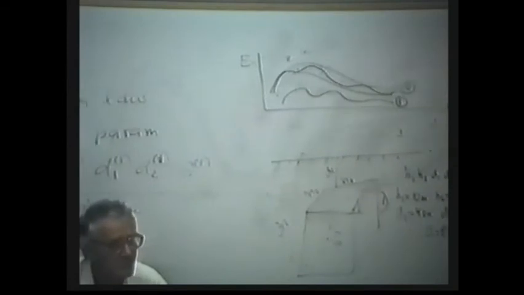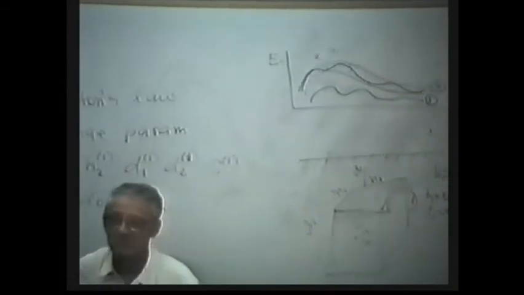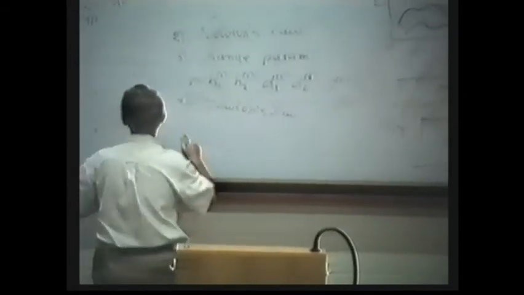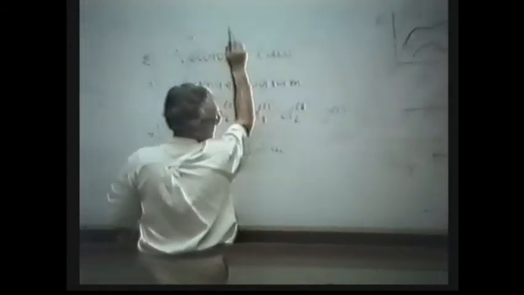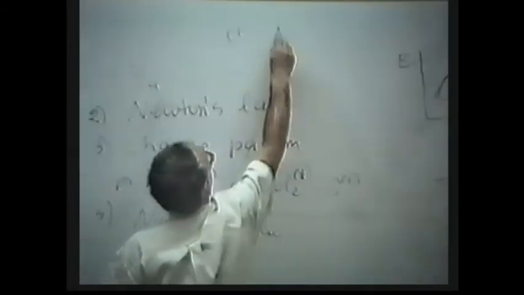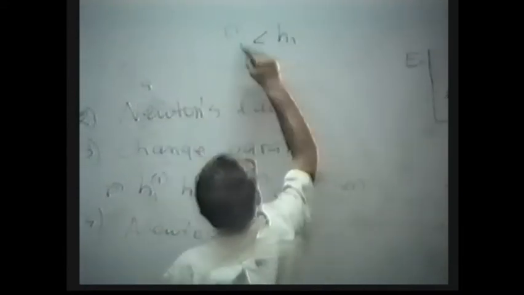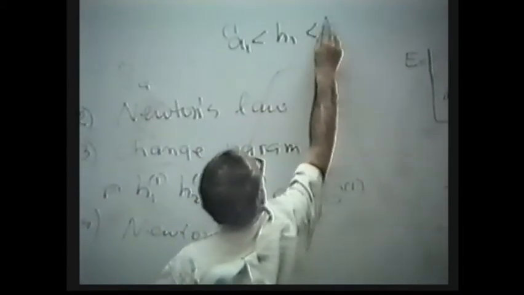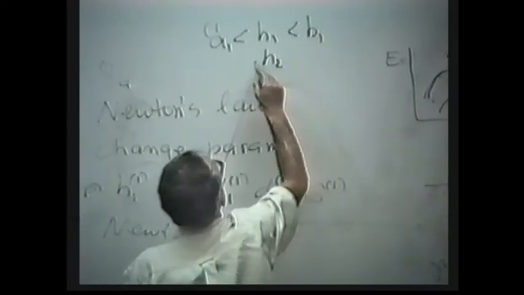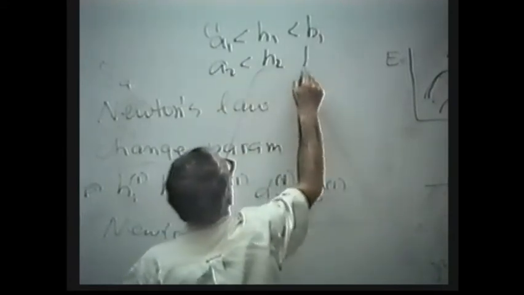What would happen? We will find for each parameter one range: H1, A1, B1. For H2, A2, B2.